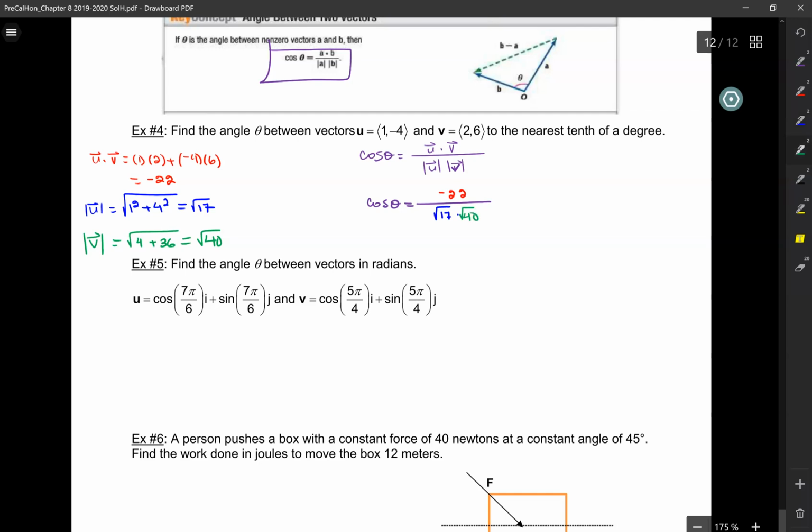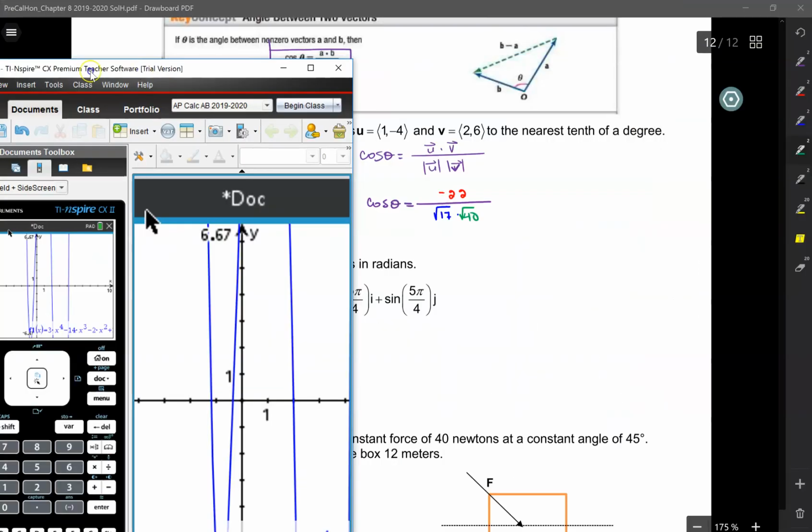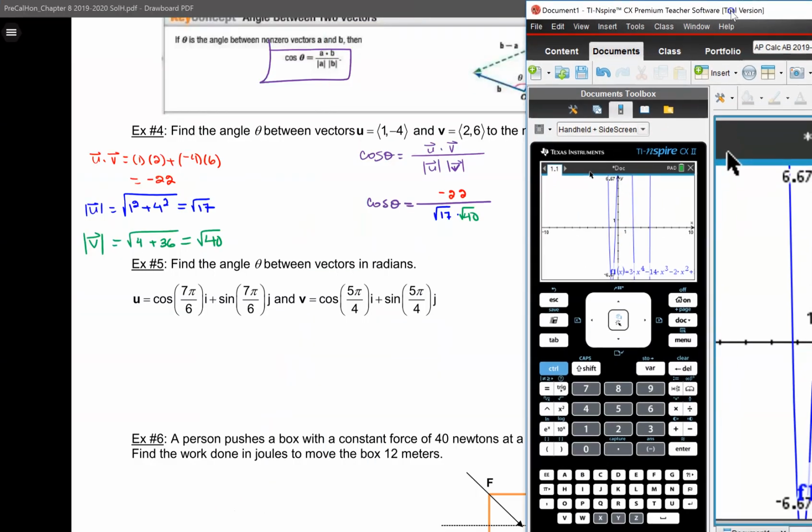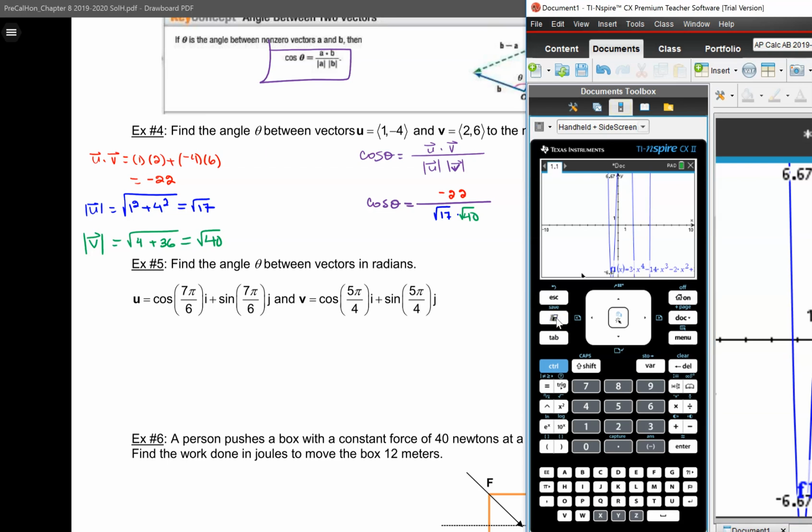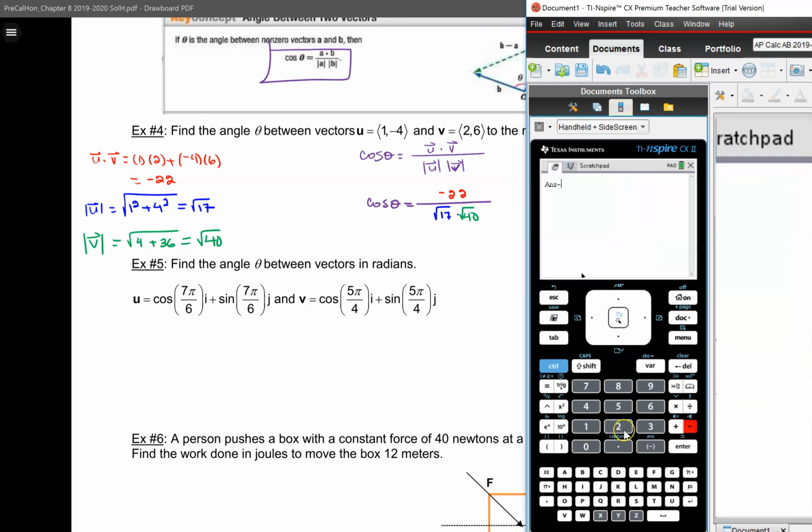Okay? Yes? So now, if you go in your calculator, what do we have there? Negative 22 over the square root of 17 times 40, right?